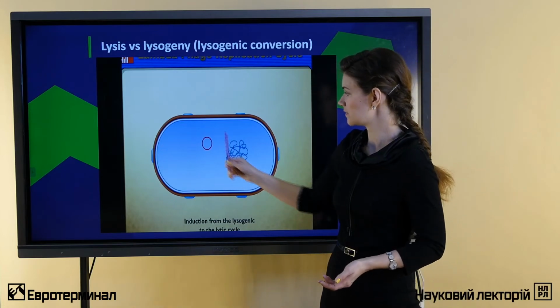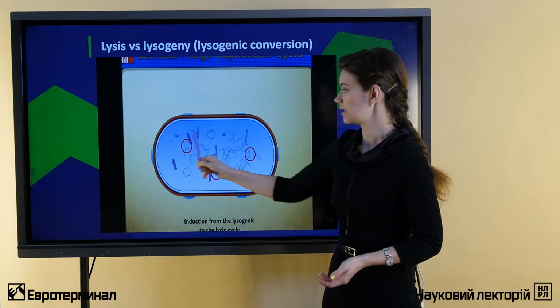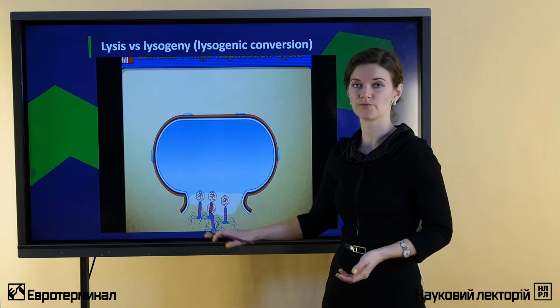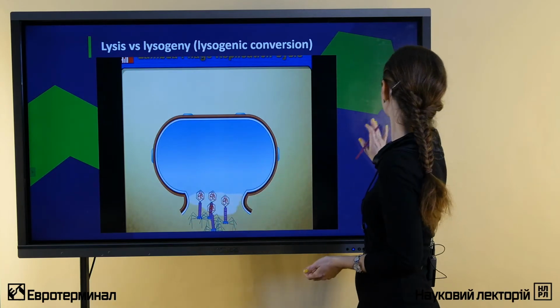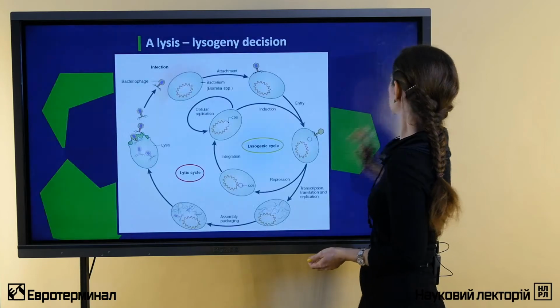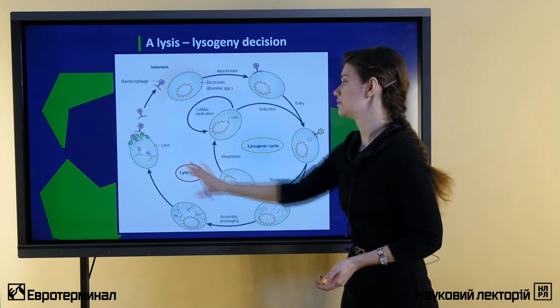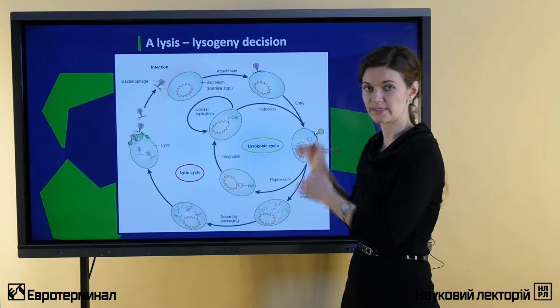So this is the induced phage, and you can see that new phage particles are created and they break through the cell. So this is lysis of the cell. This is what happens. Okay, so now lysis and lysogeny both are parts of one and the same life cycle of the phage within the cell.